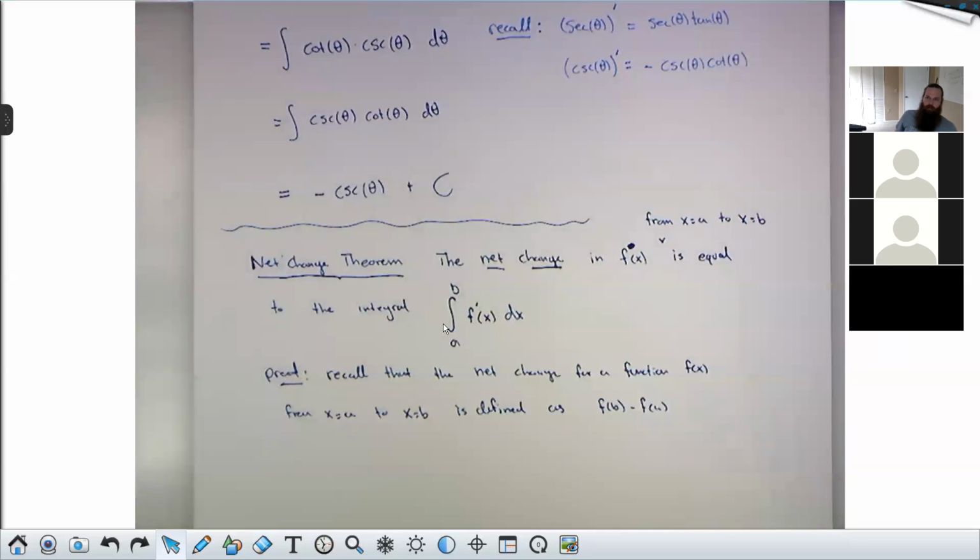It's the average rate of change just without the denominator. Net change is as you went from input a to input b, how much did your outputs change overall? What's the vertical distance between the starting point and the ending point?